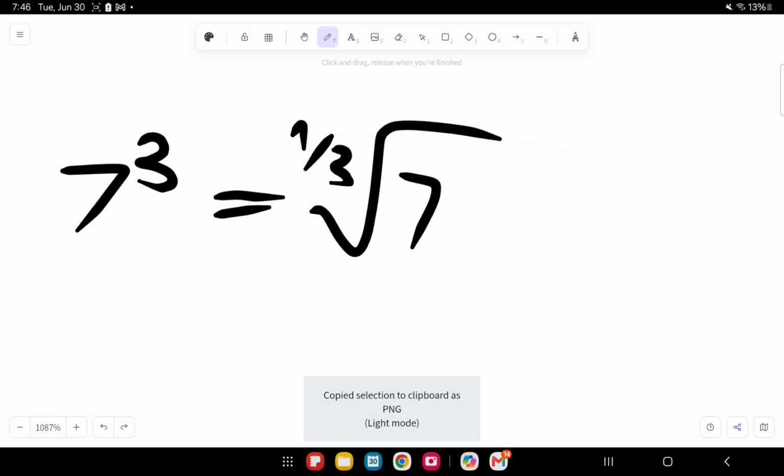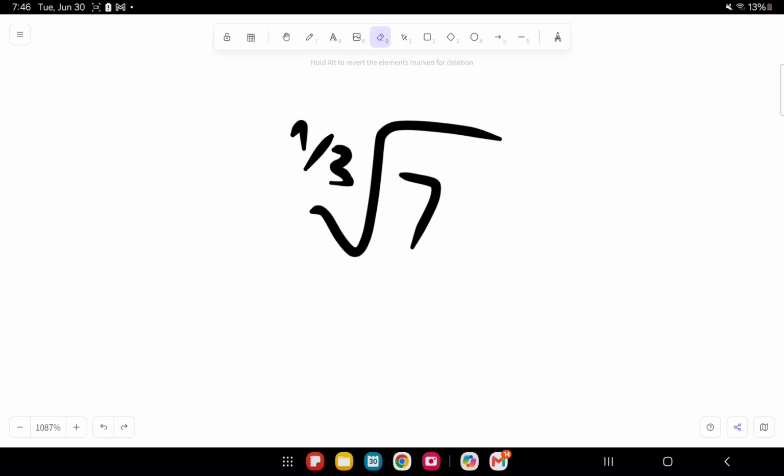That's not all. You need to erase these things and make it look like 7 cubed. How to do that? Take that one, make it invisible, and erase it. Then the slash, make it invisible by erasing it.